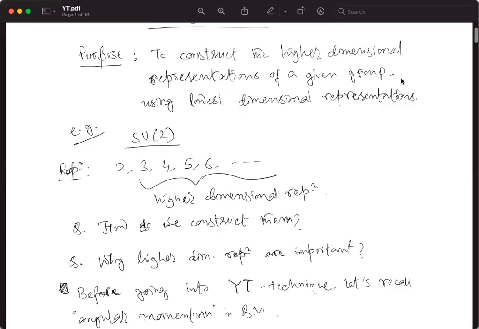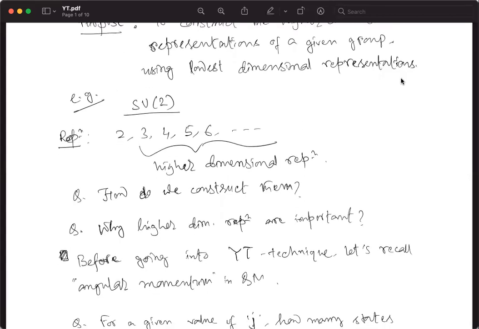For example, consider SU(2), which is a special unitary group of rank 1. As you know, this group also represents the angular momentum or the spins. The representations are, you can think of, like two-dimensional, 3, 4, 5, 6, and so on.